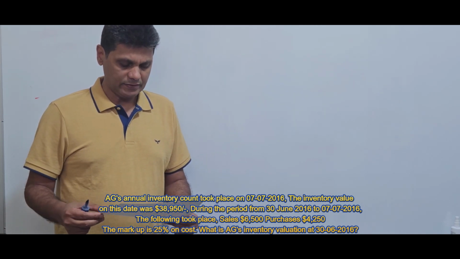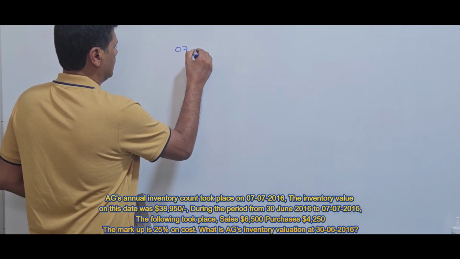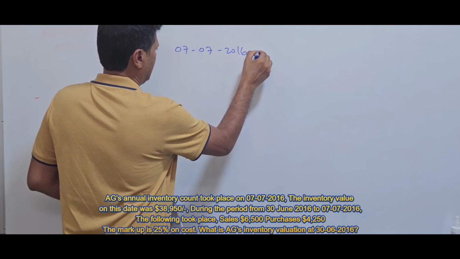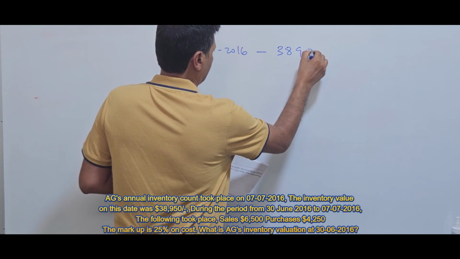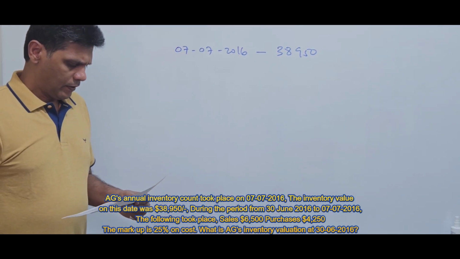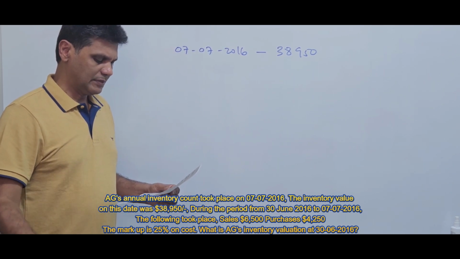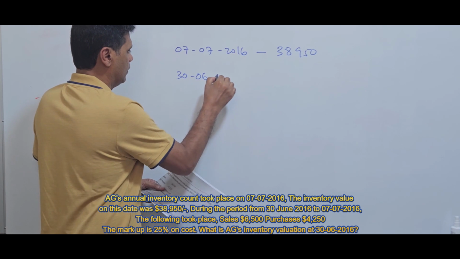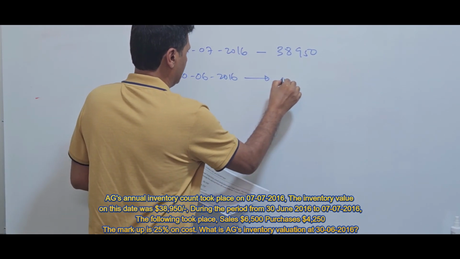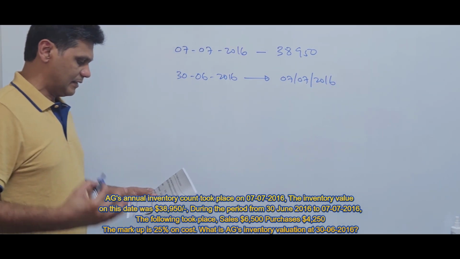Okay, so let's analyze the question. The inventory count took place on 7th July 2016. Okay, 7th July 2016, the inventory value was 38,950. Then during the period 30th June 2016 to 7th July 2016, transactions are given, the sales and purchases.